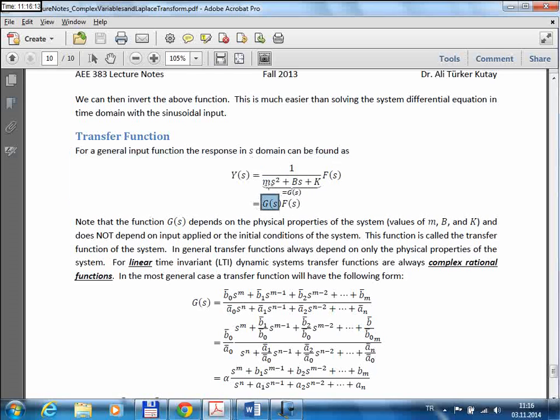And as I said before, that g of s only changes if you change something in the system. For example, if you change the mass in the system, or if you change the spring and damper properties, this part will change, but otherwise it remains constant, and the input function only multiplies that g of s, right?